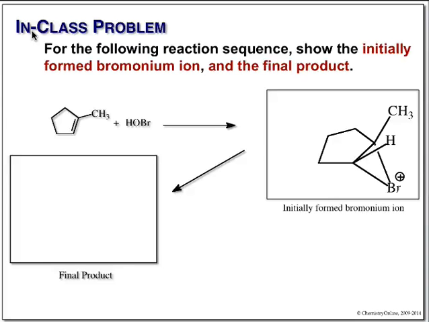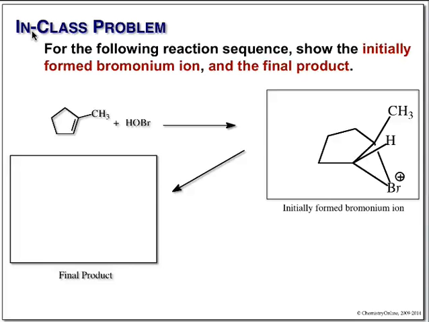Now the second step in this reaction, which you should also show on the exam, is hydroxide, OH minus, is going to attack. It's going to be an SN2 style attack, and it's going to attack the carbon that would form the most stable carbocation. So that's our tertiary center.